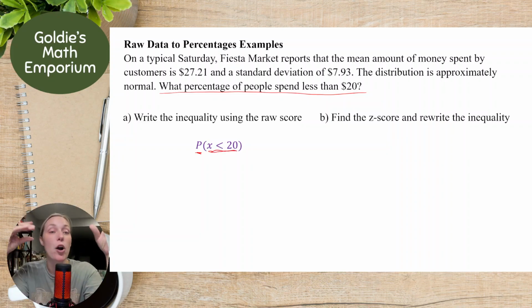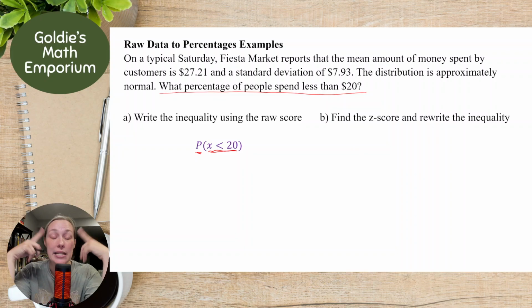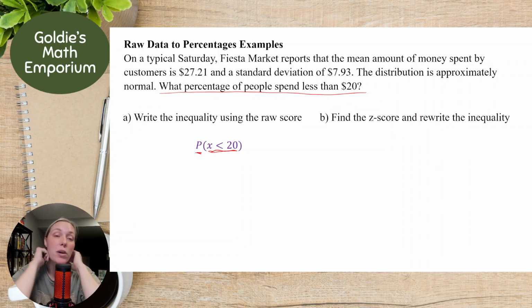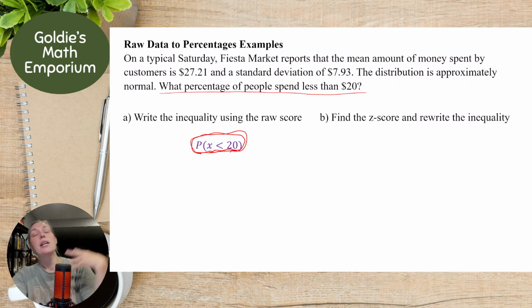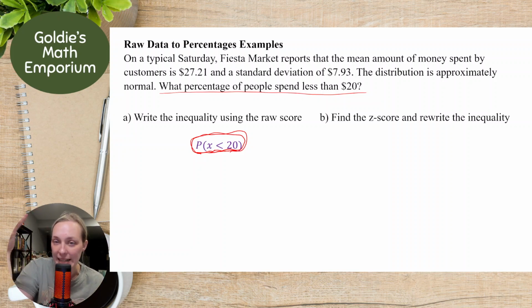X represents our raw data here in this distribution, and 20 is also our raw data. That's what we're measuring in our distribution. So we want to know the percent of people that spend less than $20. This inequality right here is just notation. We're not solving anything with it. It is strictly a notation that we are using to communicate what we're finding.